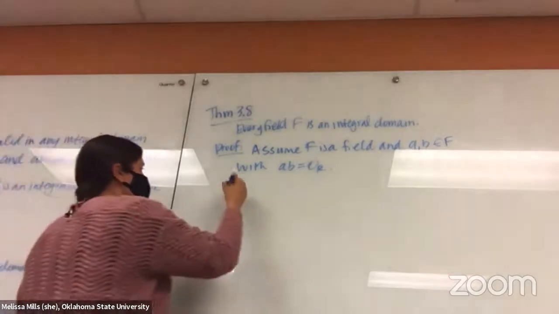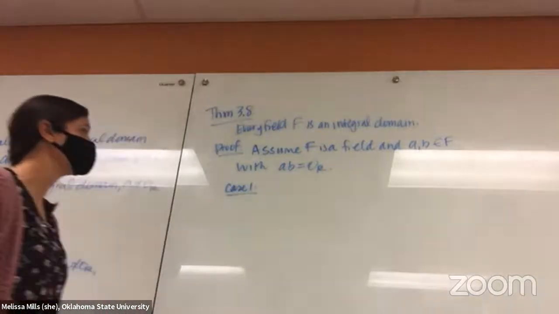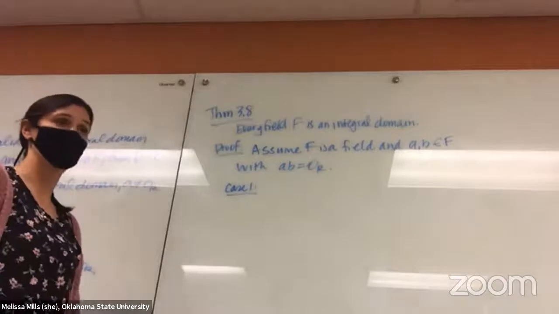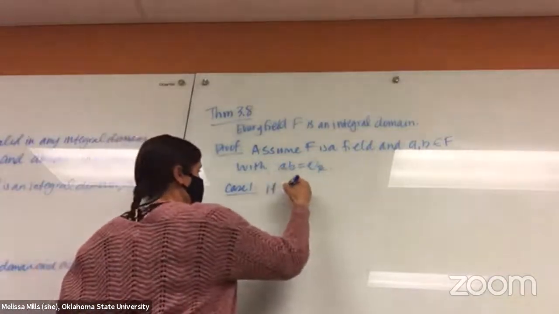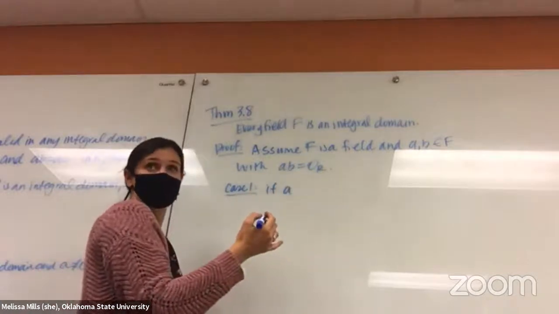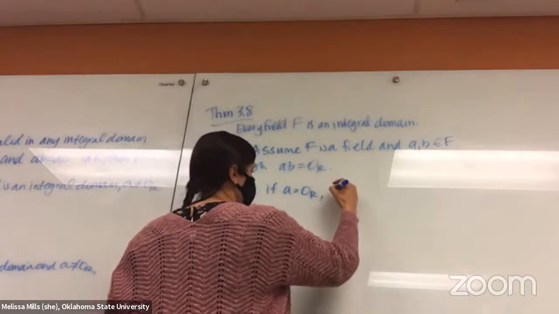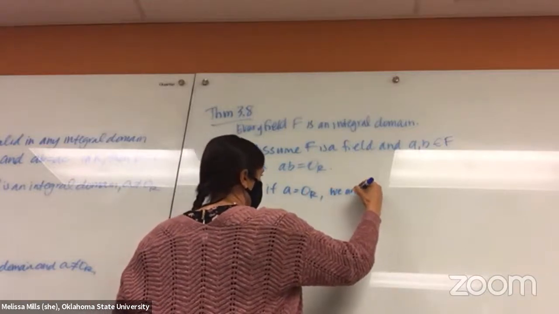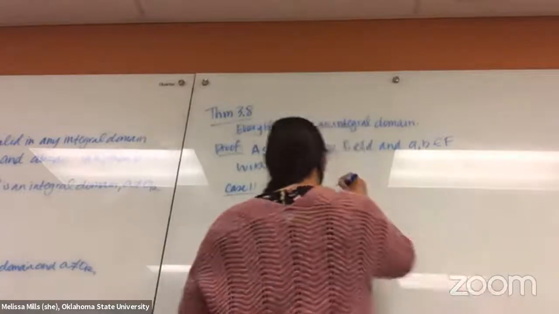So let's do case 1. What are the possibilities? Well, if one of them is 0, then if A is 0, then we're done. So either A is 0 or it's not. If A is 0, then we're done. There's nothing to prove.